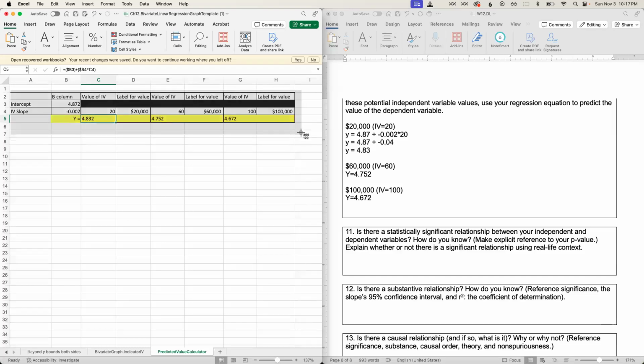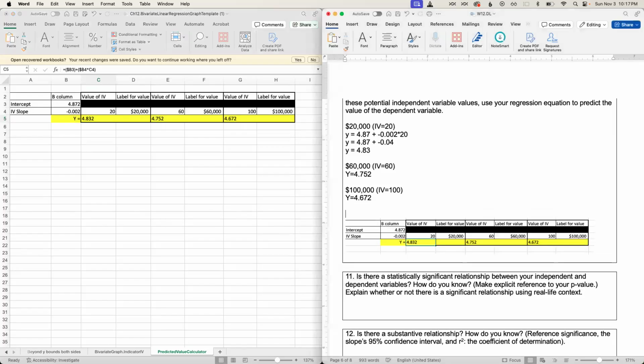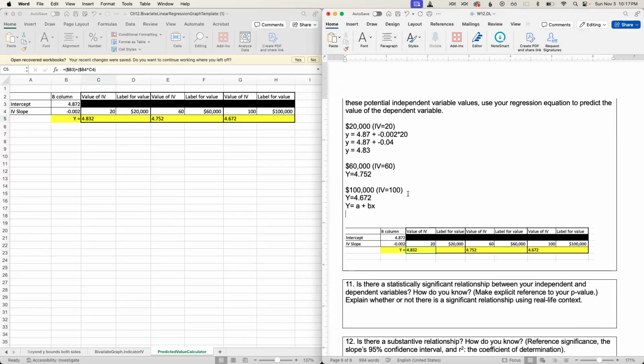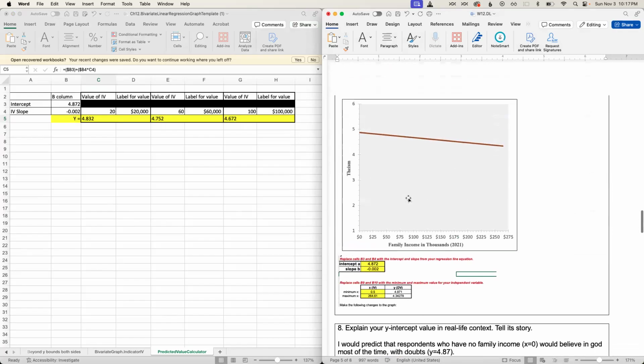Let's show my work. But again, if you prefer, you can really do y equals a negative plus bx. Take your equation.